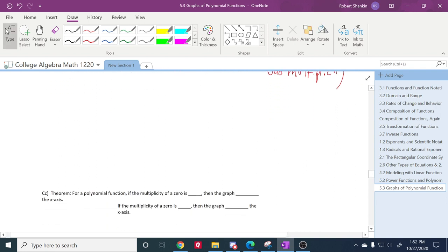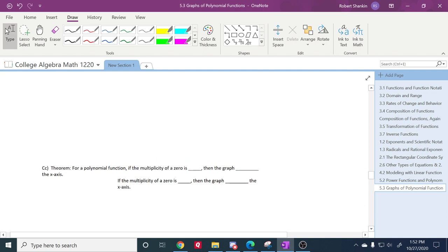Now let's come to here. Theorem. For polynomial function, if the multiplicity of a 0 is blank, then the graph blanks the x-axis. And then if the multiplicity of a 0 is blank, then the graph blanks the x-axis. Fill in all 4 blanks. And I'm going to give you a minute to work on this on your own.